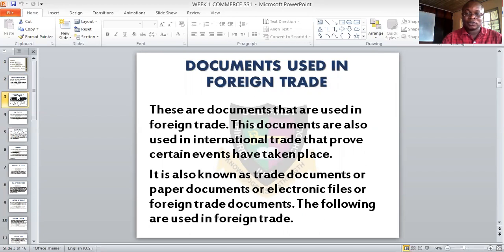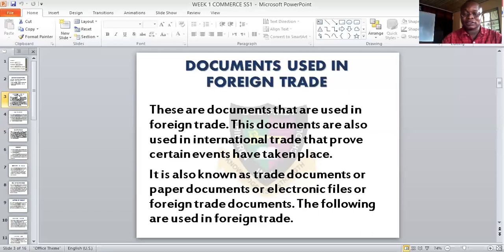So let us look at the meaning of document used in foreign trade. This document can be used in international trade to prove that certain events have taken place.